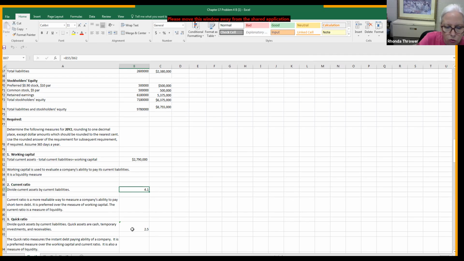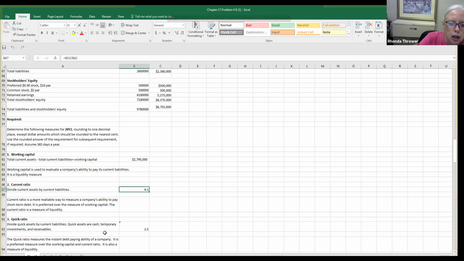The third measure of liquidity that we're going to look at that is also a part of current position analysis is what we refer to as the quick ratio. And the quick ratio takes quick assets, which are going to be your cash, your temporary investments, or your marketable securities.